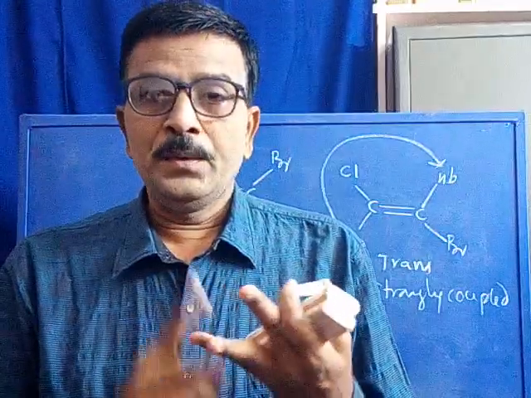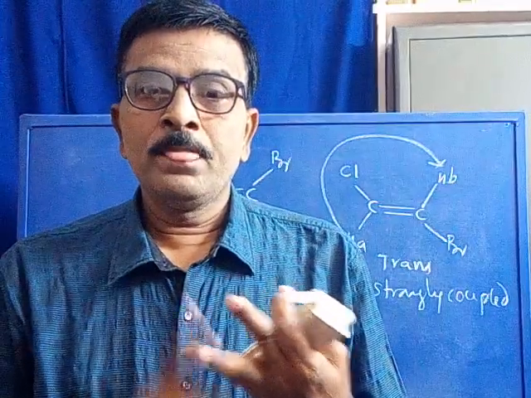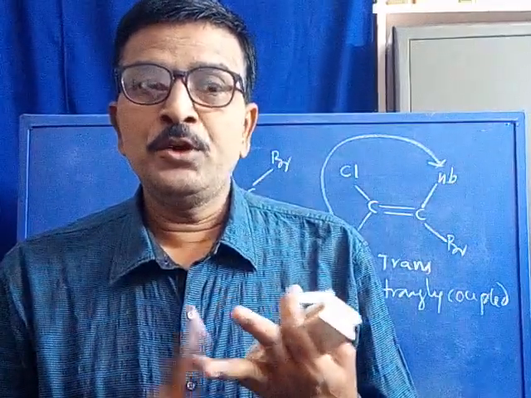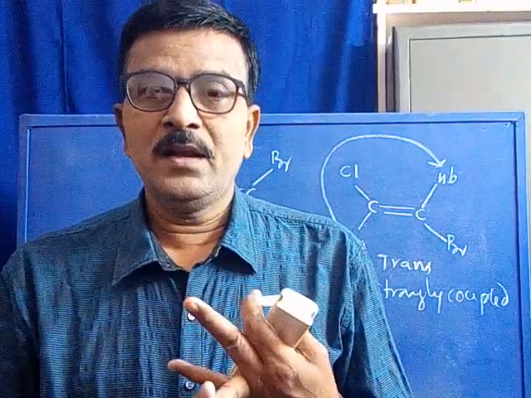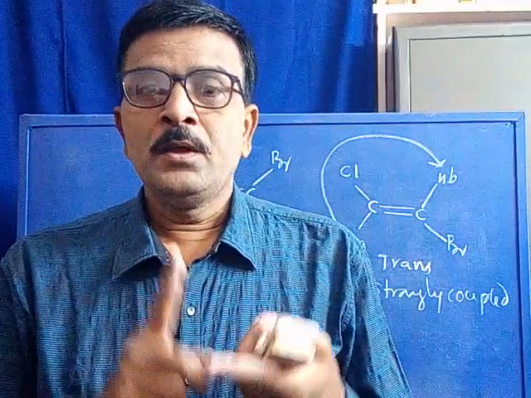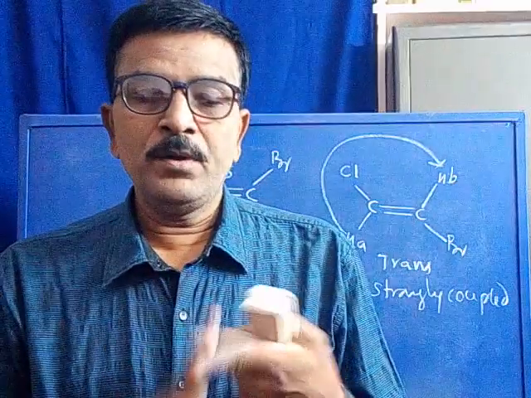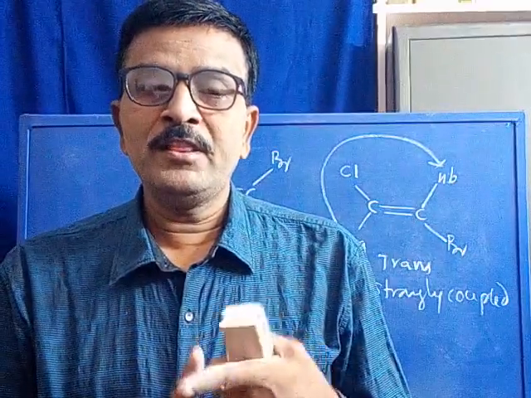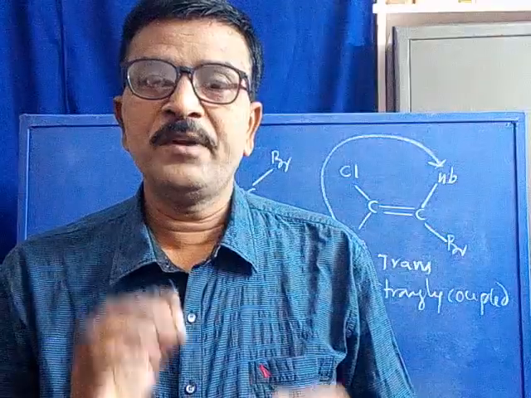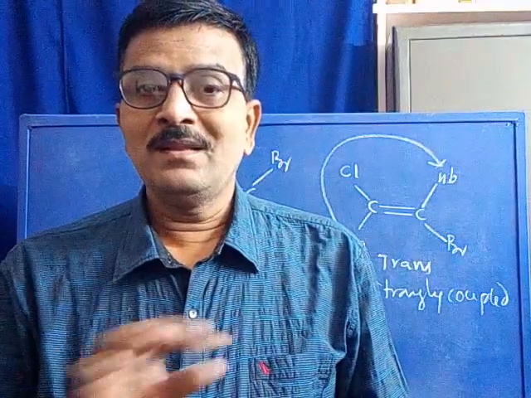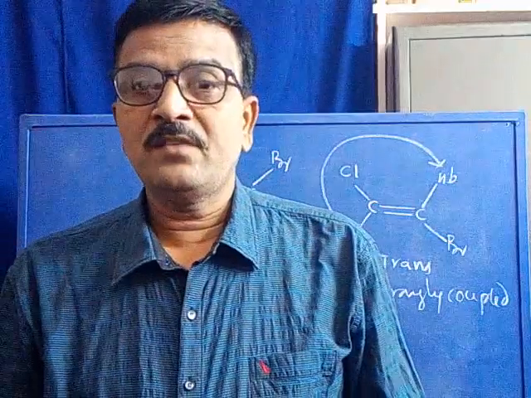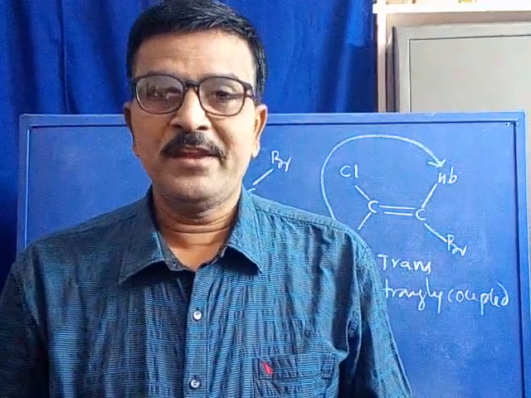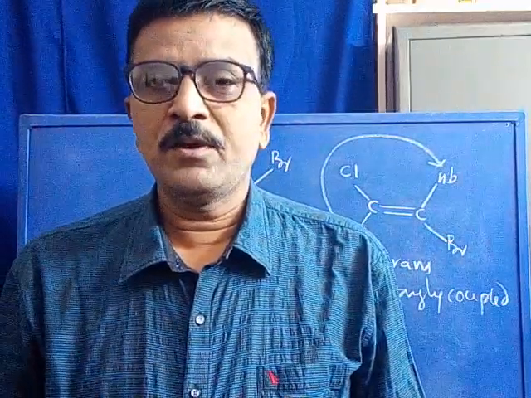Number 2, it is strongly coupled when the nuclear spin is transmitted through pi electrons rather than sigma electrons. Number 3, nuclear spins are strongly coupled when all bonding electrons between the coupled protons are on the same plane; otherwise, the electrons are situated in different planes. This is about the mechanism of coupling.